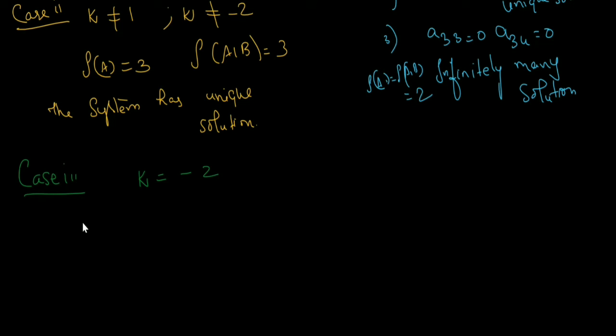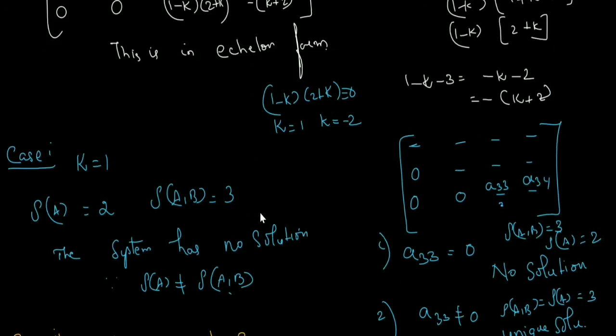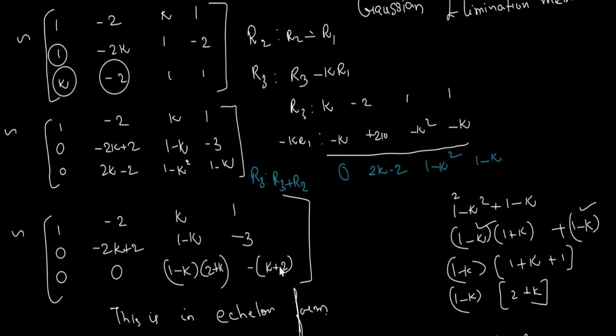So when k is minus 2, rank of A is equal to rank of AB is equal to 2, because if this is 0, this is also 0, when k is minus 2, both will become 0. So rank of AB will be, this full row is 0 now, so only 2 non-zero rows.